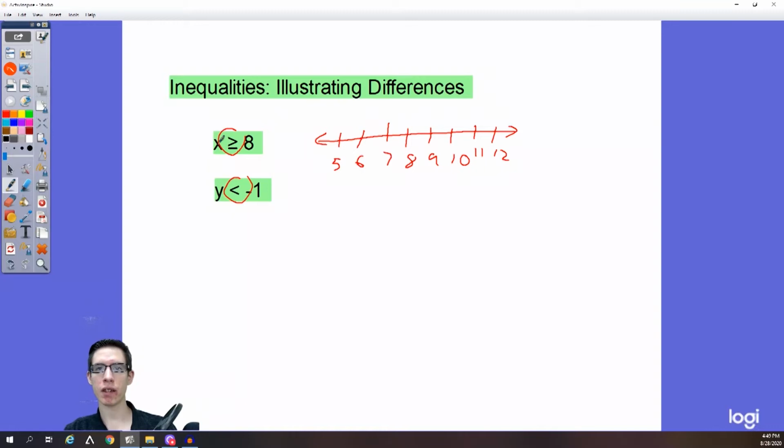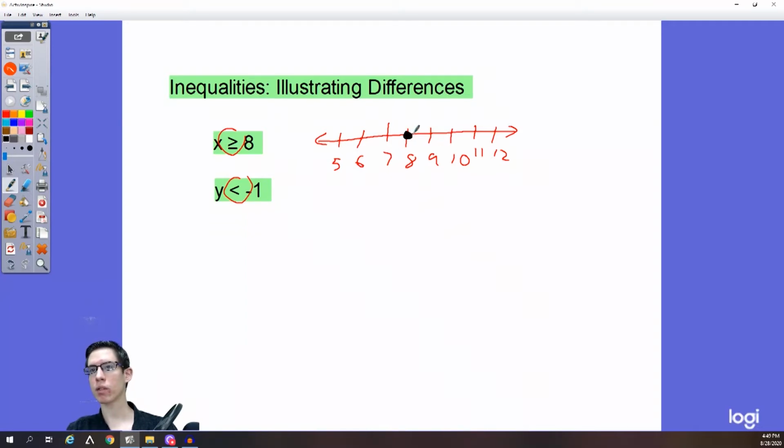And this says that x is larger than or equal to 8. Now, if it's larger than 8, that's going to be numbers like 9, 10, 11, and 12, everything that is headed in that general direction. If it's equal to 8, it's going to have to be exactly here. So the way we're going to represent the idea that x is greater than or equal to 8, we're going to start with a nice, dark, shaded-in circle right at 8.